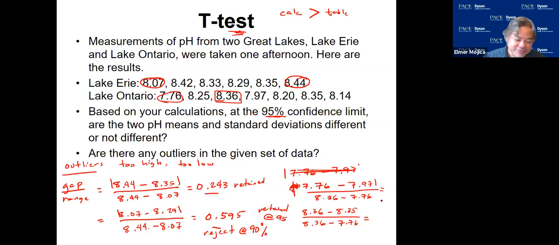So those are the values that you need to calculate. So what are the Q calculated or Q values that you get?